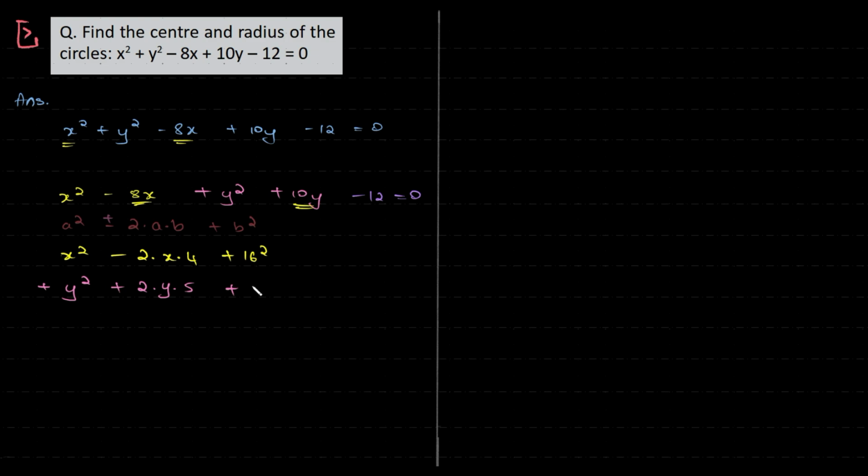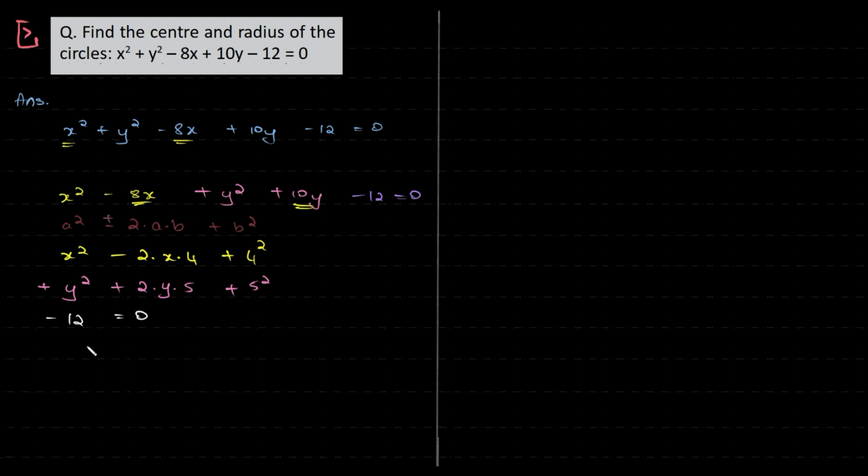So here b has to be 5, and this has to be 5 square. My bad, it's not 16 square, this is 4 square. Now, at the end of it, we have the constant minus 12, and this entire thing is equal to 0.